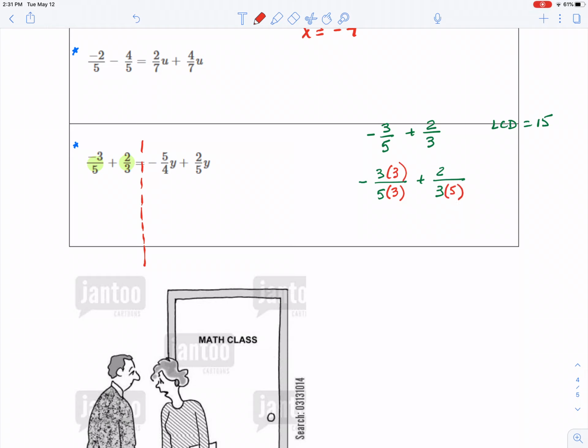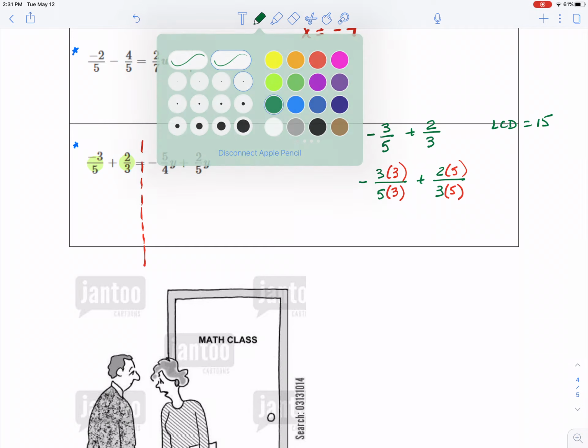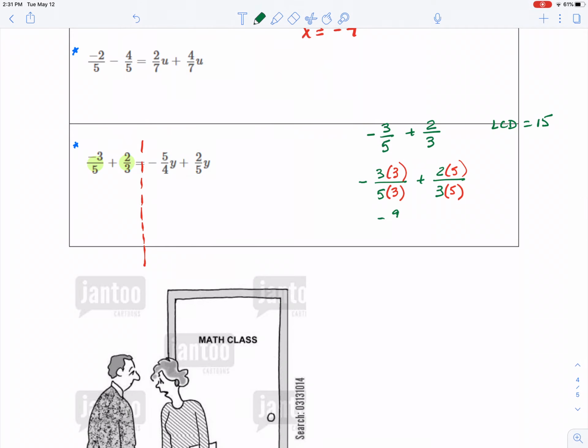I have to multiply by 5 down here to get the 15, and I balance that on top. So it looks like I have negative 9 over 15 and positive 10 over 15, which is going to give me 1 over 15. So this left-hand side works out to be positive 1 over 15.